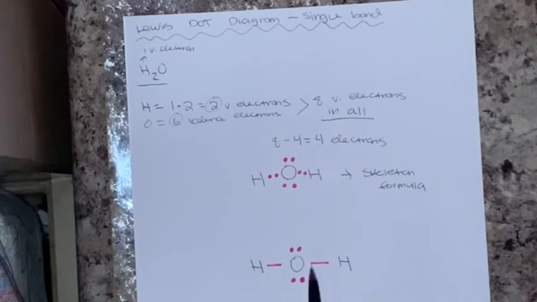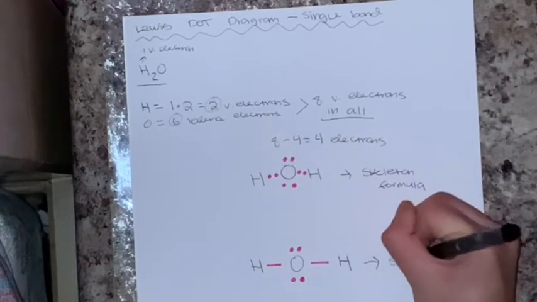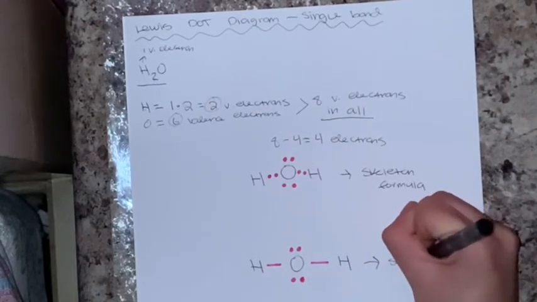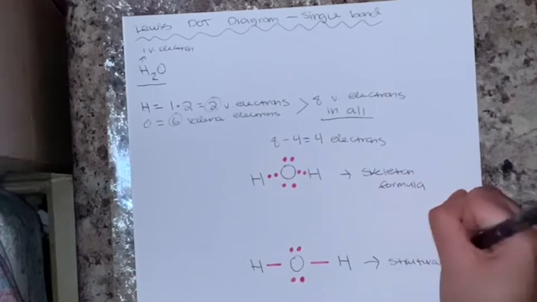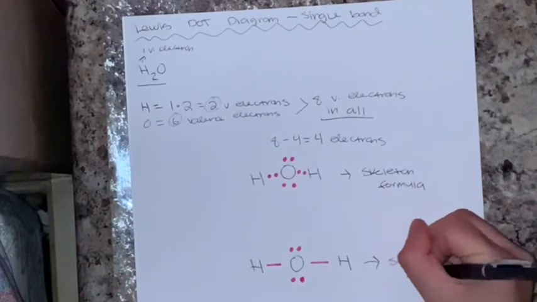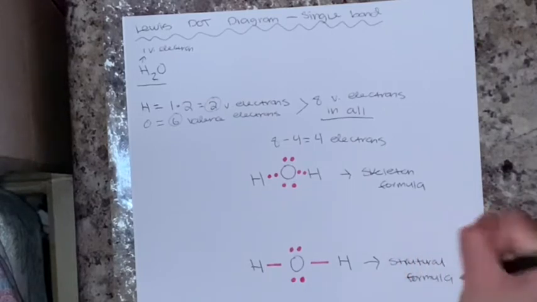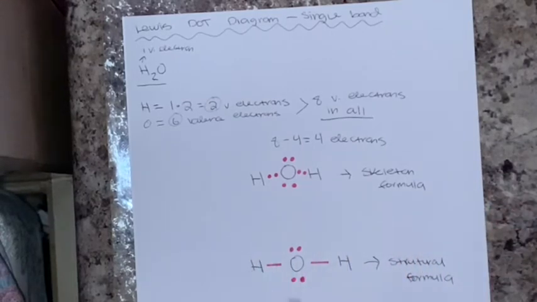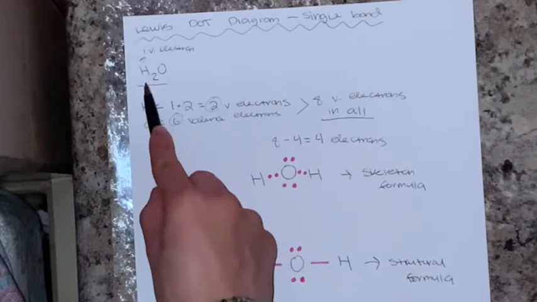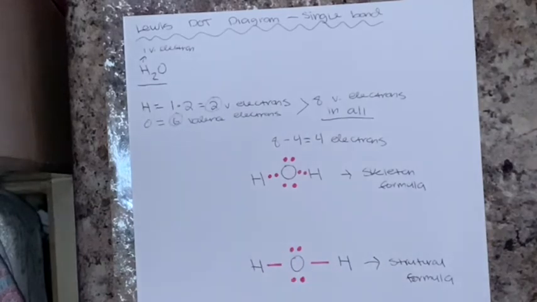And so we see we only have one bond between these elements. We just have one bond creating one chemical formula. And so that is it. That is the Lewis dot diagram for water.